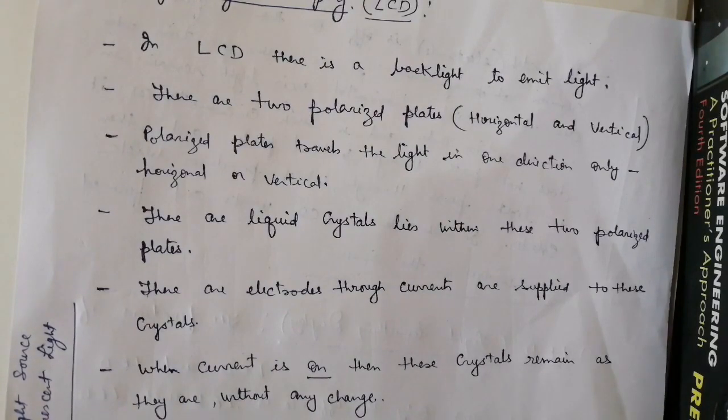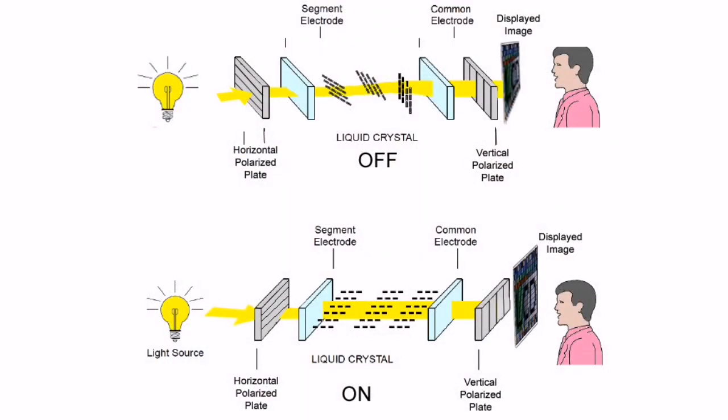If we supply current through the electrodes to the crystals, then they remain neutral. They do not change their position. That means the horizontal light that comes in from the horizontal plate is not rotated by the crystals while we are supplying current.